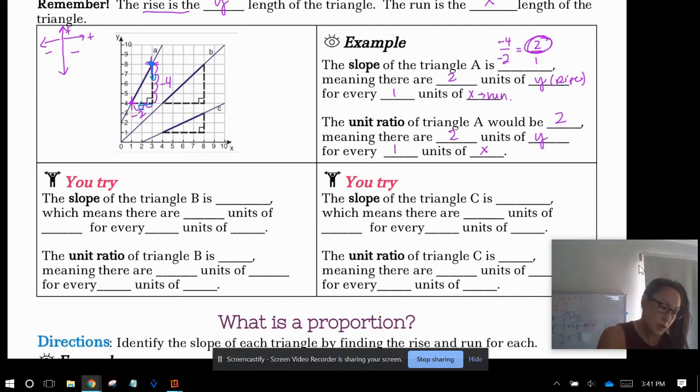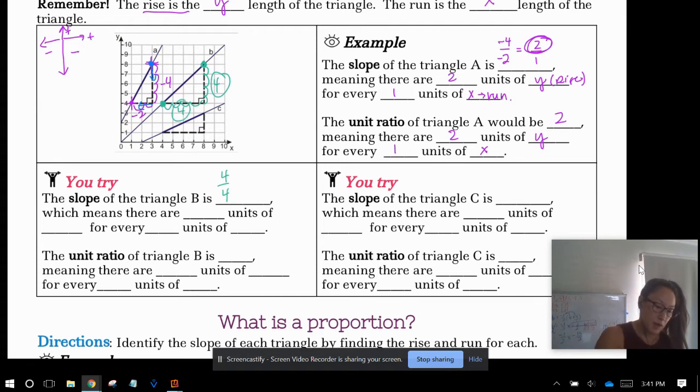Okay, so the next one, B, I'm going to start from the lower point and move up to the upper point this time. So I'm going to go 1, 2, 3, 4. So my run is 4, and my rise is 1, 2, 3, 4. So rise over run, I do 4 over 4.